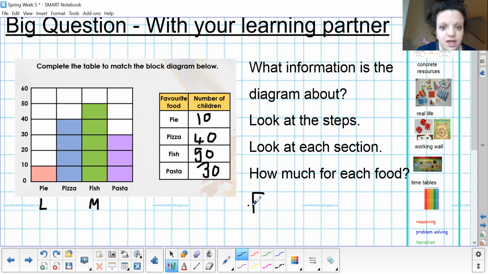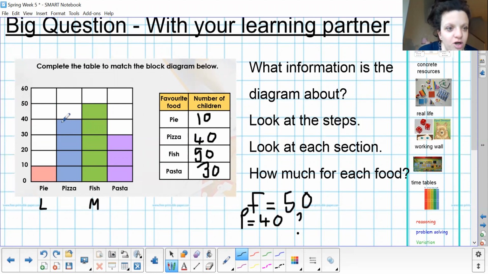So we could have fish equals 50, and we could also have pizza equals 40. And we want to find out what this extra bit is that makes it up to 50. Or we can just look at the difference on our block diagram. So we could do 50 take away 40 and get 10 to get that other part.